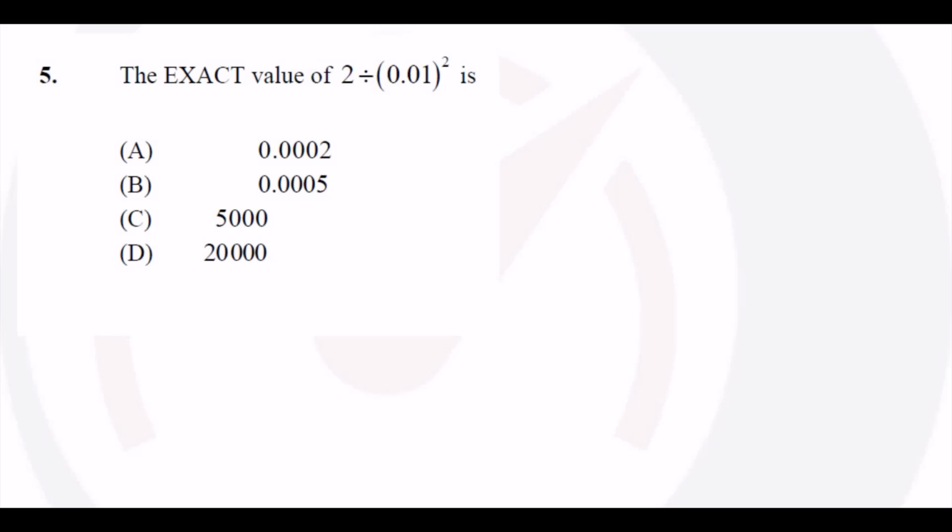Question 5, the exact value of 2 divided by 0.01 squared is. So let's work with order of operations. We work our brackets first, and then we deal with our powers, and then we divide after. So 2 divided by 0.01 squared. Now 0.01 can be written as a fraction, which would be 1 over 100.